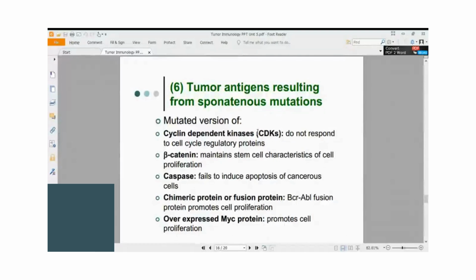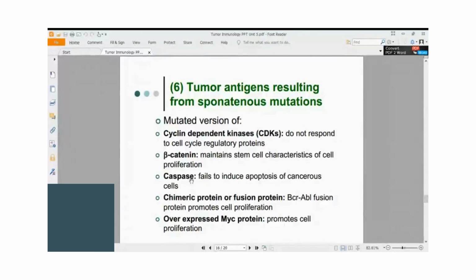So therefore, the differentiated mass of cells which have undergone transformation gain the embryonic ability, that is stem cell characteristic, because of the beta-catenin which is mutated. And that also is recognized by the immune cells as a strange protein.